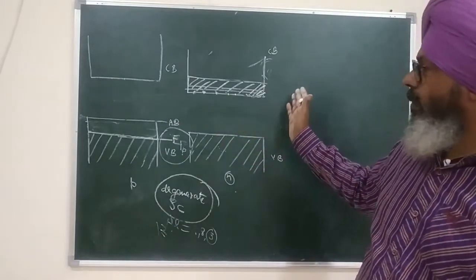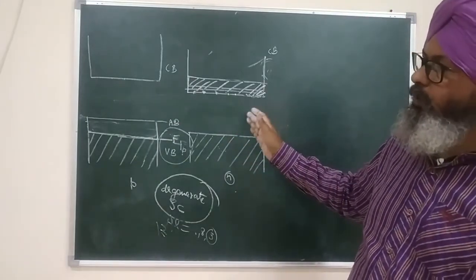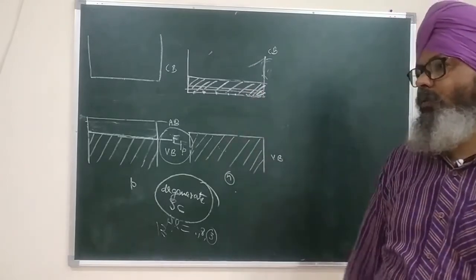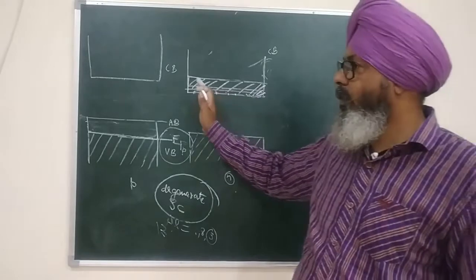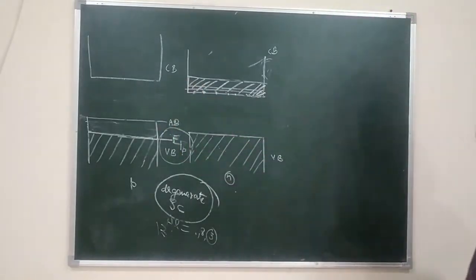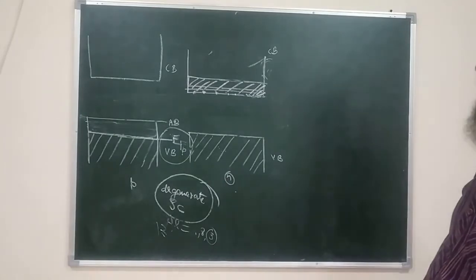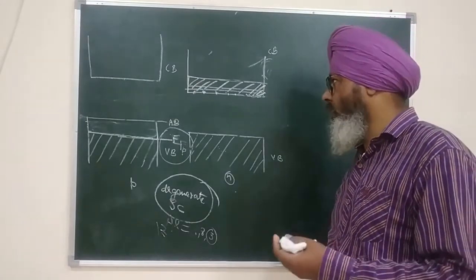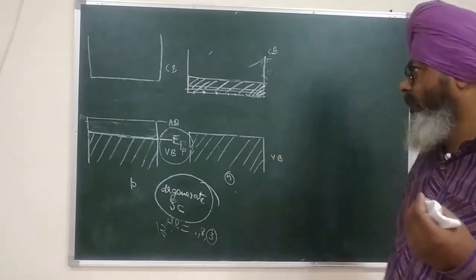Since the n-type has lost an electron, the surface near the junction toward the n side will get a positive charge. When the second electron diffuses, the first electron which has already diffused will try to repel it and stop it, and it will create a negative potential toward the p side. So the crossing of the second electron will be very difficult.